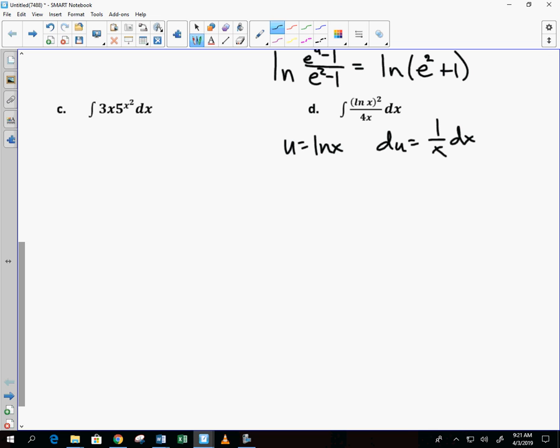Multiply by a fourth. So 1/4 du is equal to 1 over 4x dx. 1 over 4 integral du u squared. Very good.